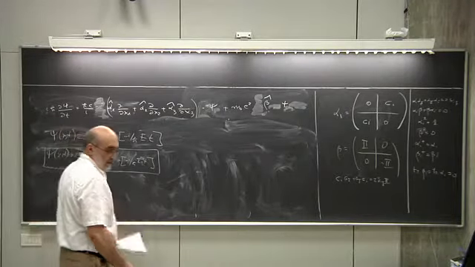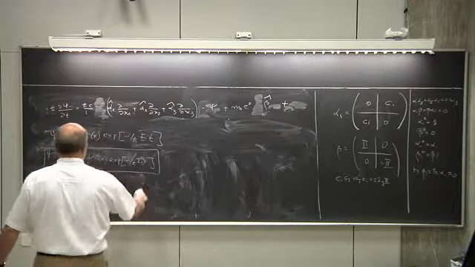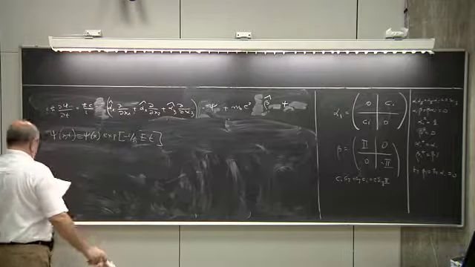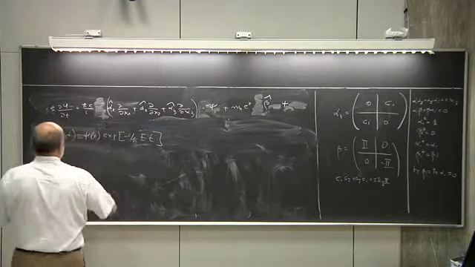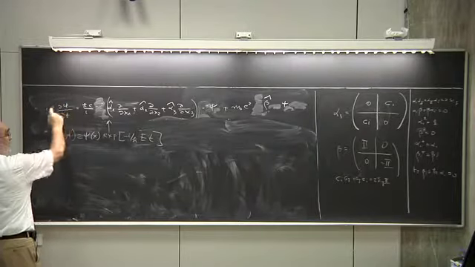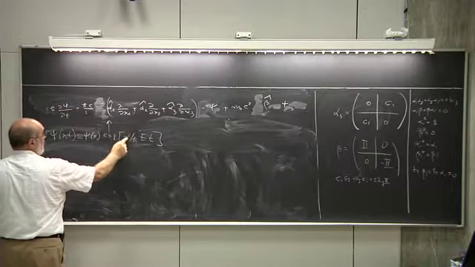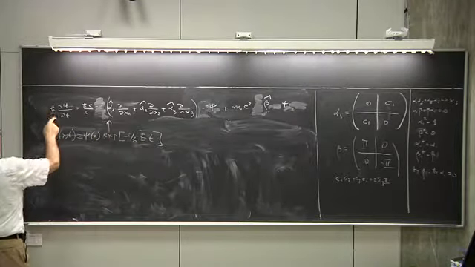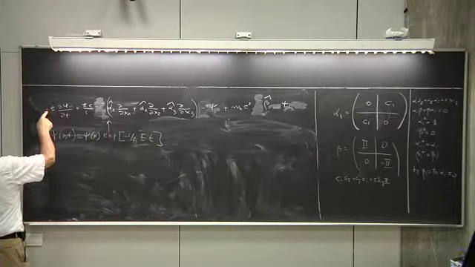As the most general solution is a linear combination, let's just study one of them. If you plug this in, what happens? The derivative with respect to t brings down minus iE over ħ.